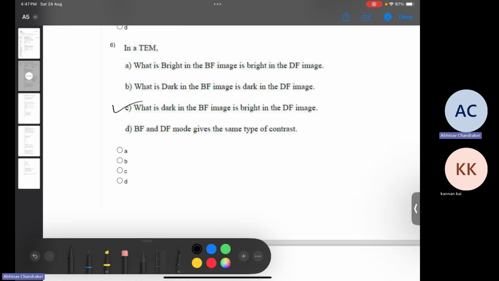So those areas which got scattered or diffracted will look dark in the bright field image. But if you then choose the corresponding diffracted beam only, then those features will look bright, because all those have diffracted the beam and you can see the beam falling on the screen. So the correct answer is C.